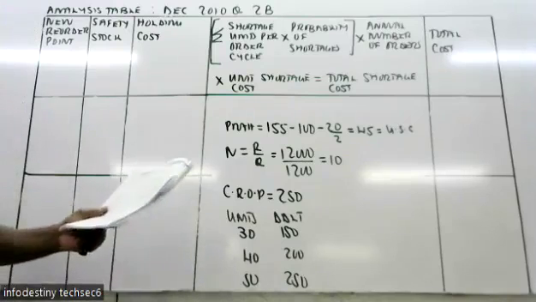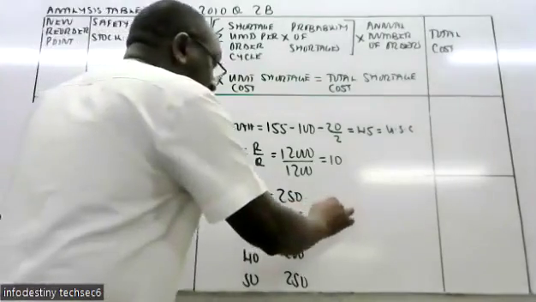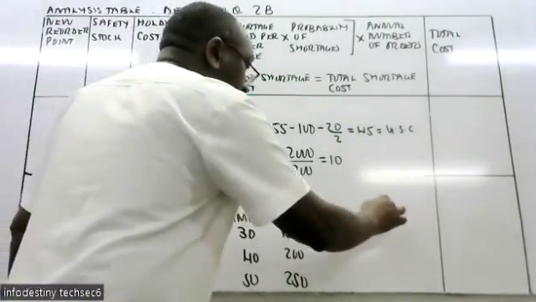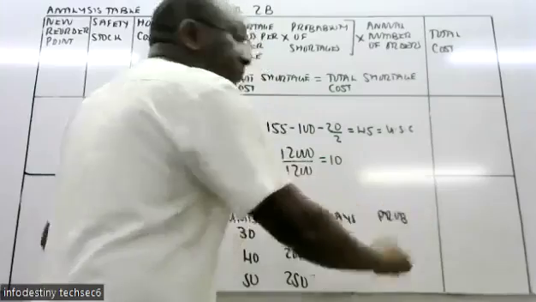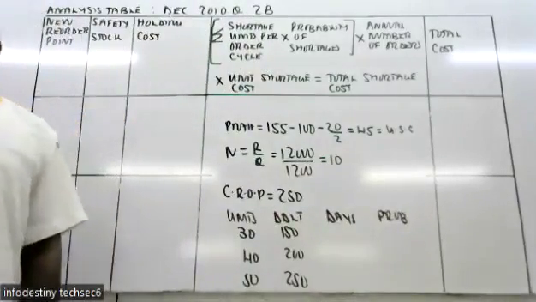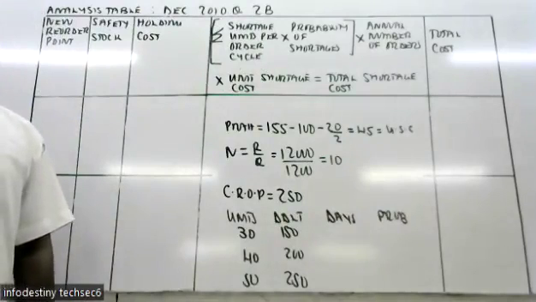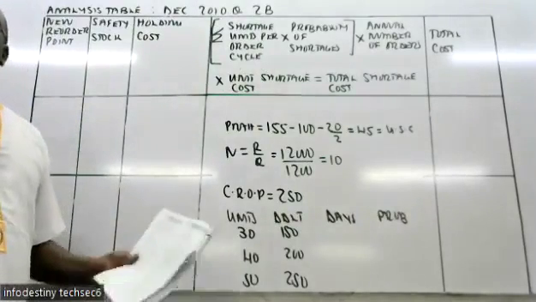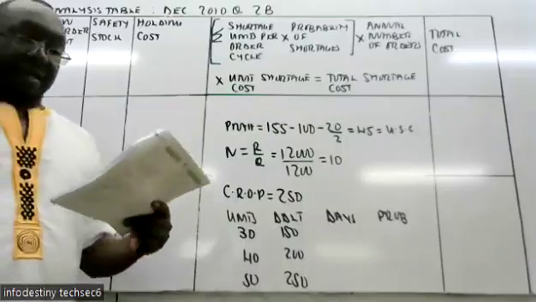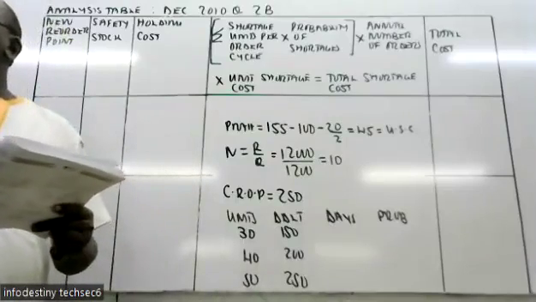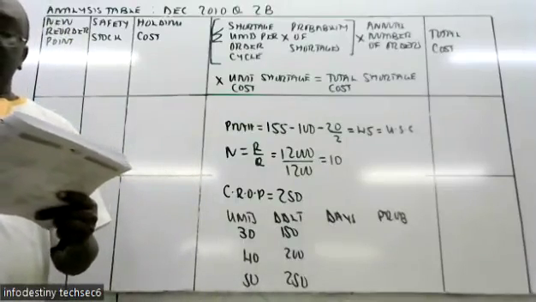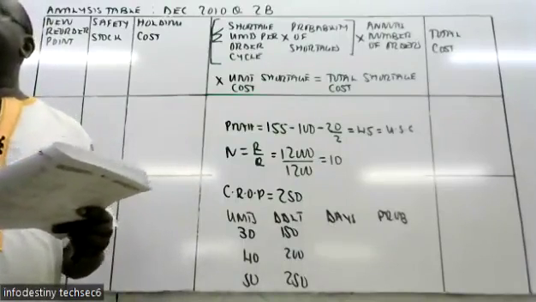Then after the days, create another column, you call it probability. First give me the total of those days. 10 plus 20 plus 50 plus 30 plus 15 plus 5.